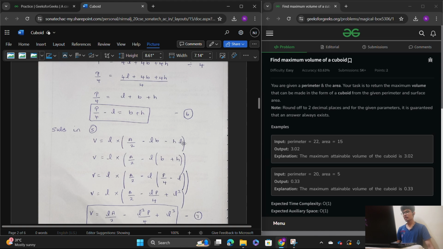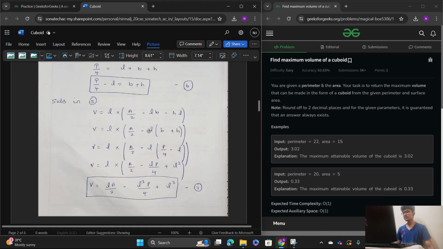When I keep L outside, the rest of the equation will be B plus H, since L is common in LB minus HL. In my previous equation, I got B plus H as P by 4 minus L. This part will be substituted here, and once I substitute, I'll get my seventh equation.